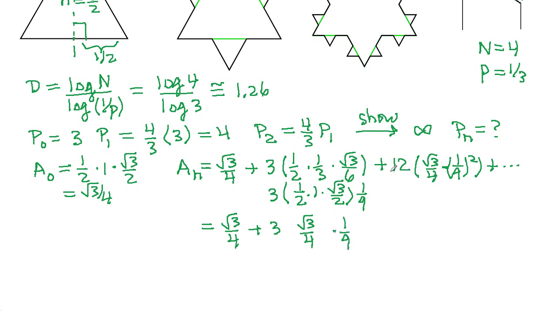And then to get up to 12 you need to multiply by 4. So this will be plus 3 times 4 times √3/4, times 1/9 squared.